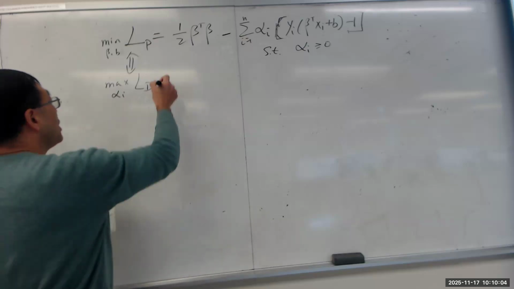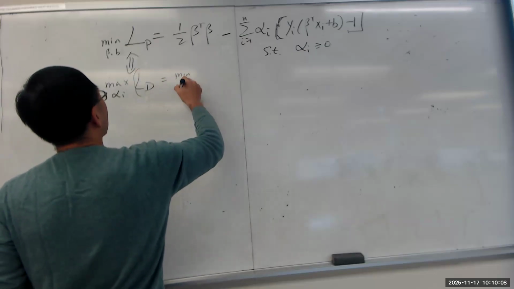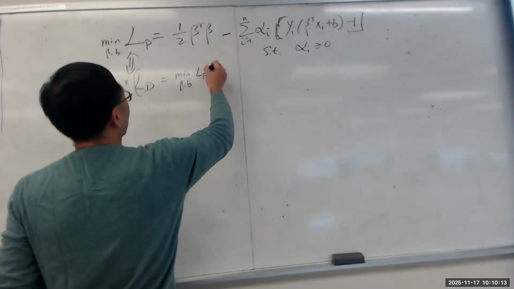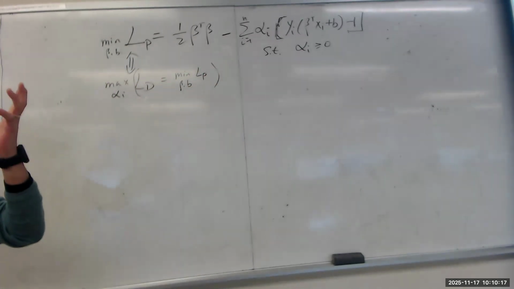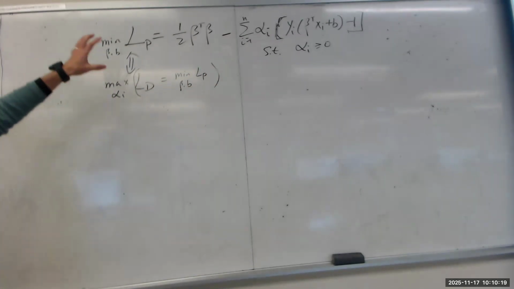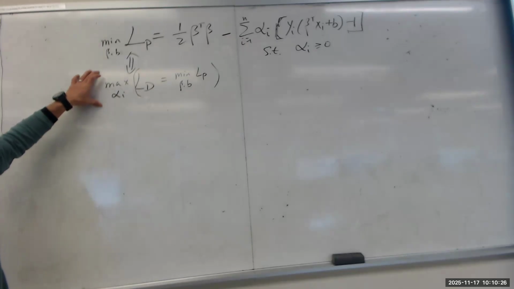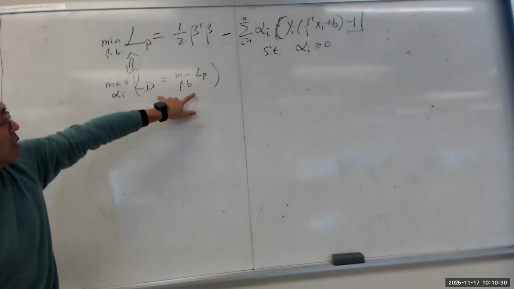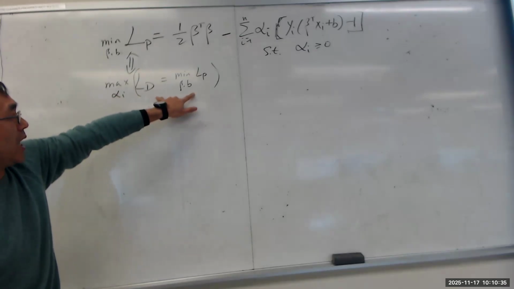What is LD here? LD is obtained by minimizing the Lagrangian function with respect to beta and b. Remember the Lagrangian dual problem: the primal problem can be formulated as a min-max problem, which is equivalent to the max-min problem. In the max-min, you first minimize over beta and b, and then you get a function of alpha i.